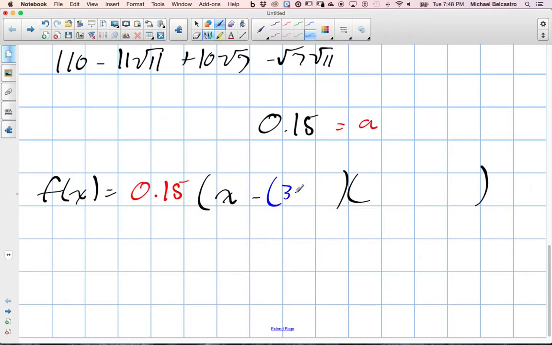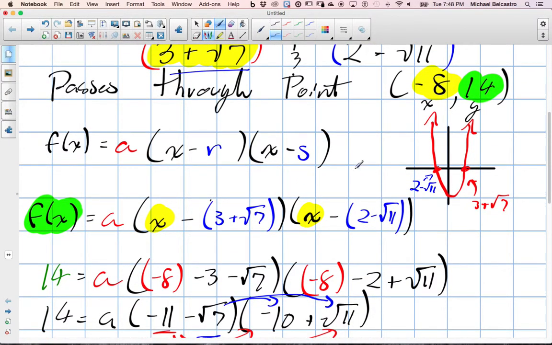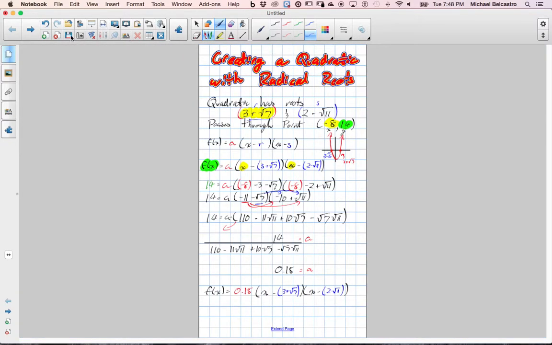So 3 plus root 7. And then x subtract the other radical, 2 minus root 11. So again, it would have been nice if we could have got some nicer values to work with. But this is what's considered the factored form of a quadratic.